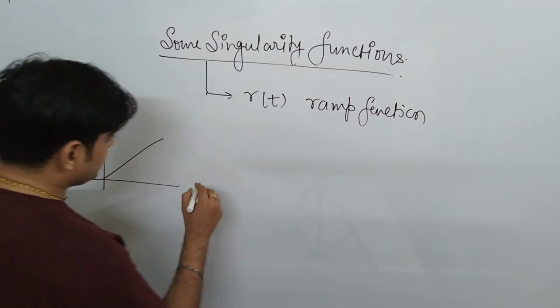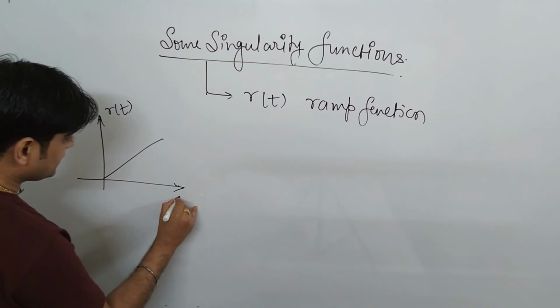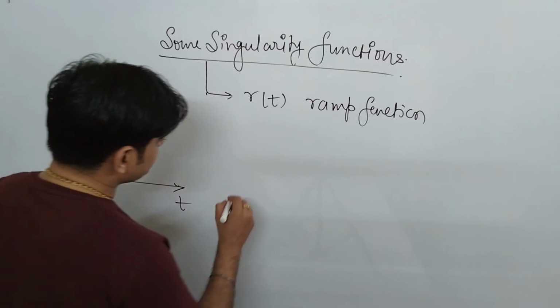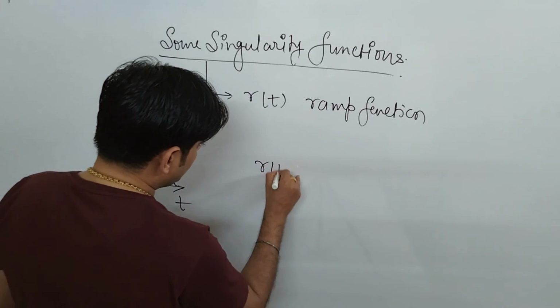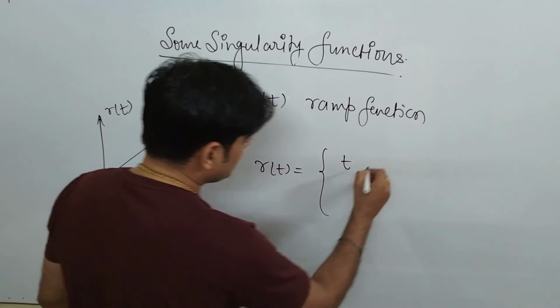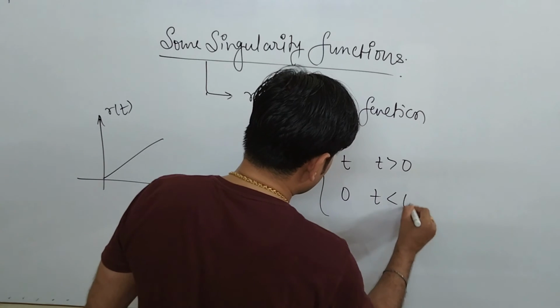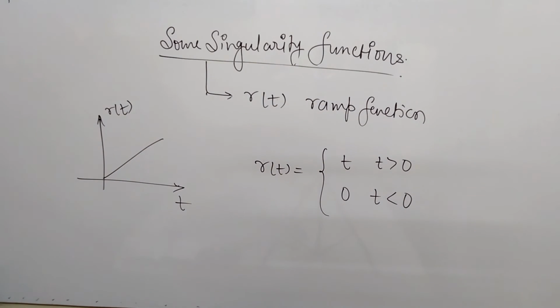This is your r(t), and this is your t. So r(t) is basically given by t for t greater than 0 and 0 for t less than 0. This is the basic definition of a ramp function.